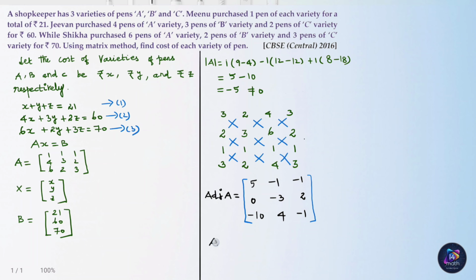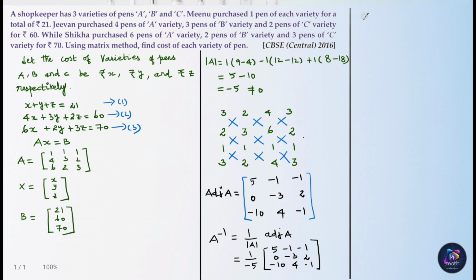A inverse is equal to 1 by determinant of A into adjoint of A. What is determinant of A? Minus 5. So 1 divided by minus 5 into adjoint of A: 5, minus 1, minus 1, 0, minus 3, 2, minus 10, 4, minus 1.